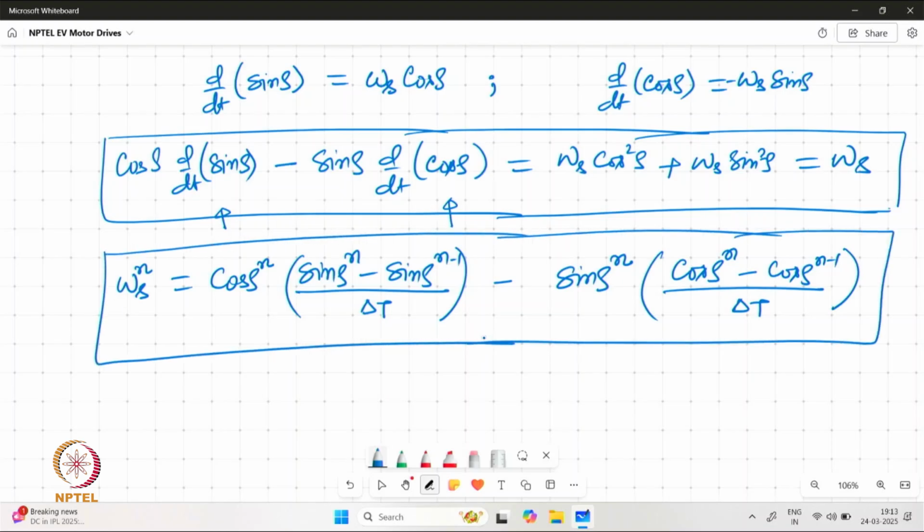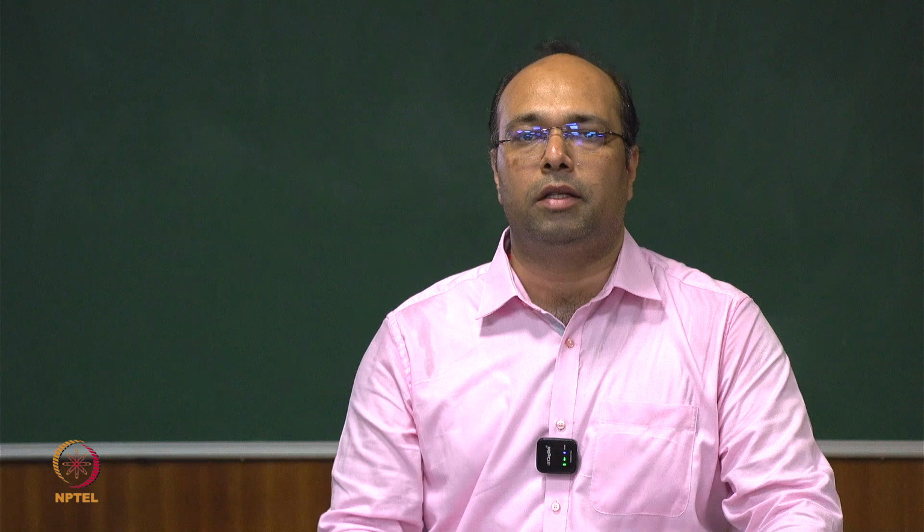So this will provide us the information of speed at every sample. We need to store one sample in advance to understand how fast sine rho and cos rho are changing their values.